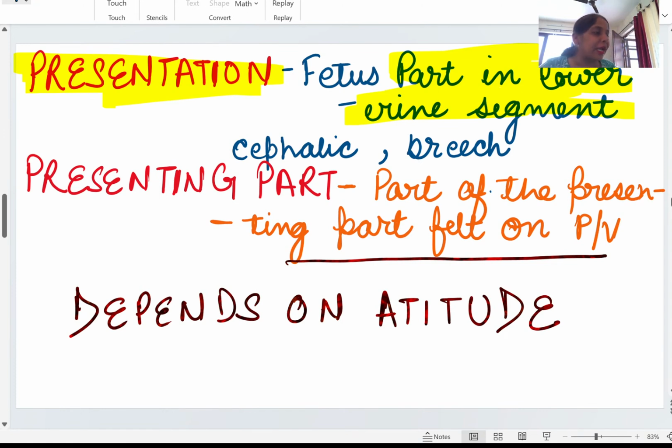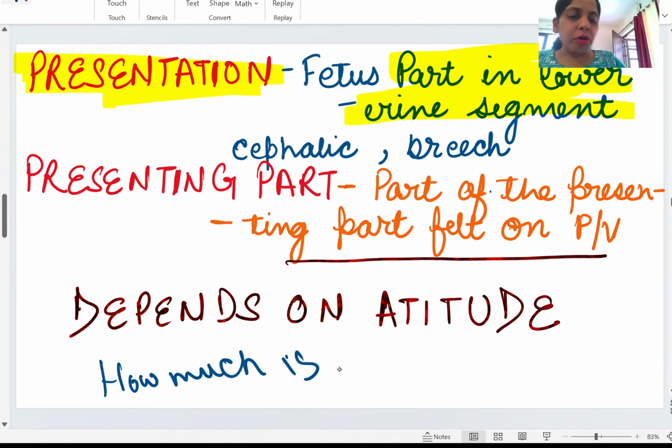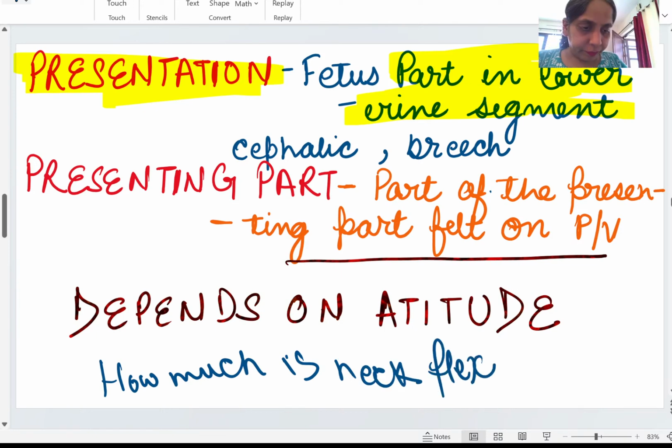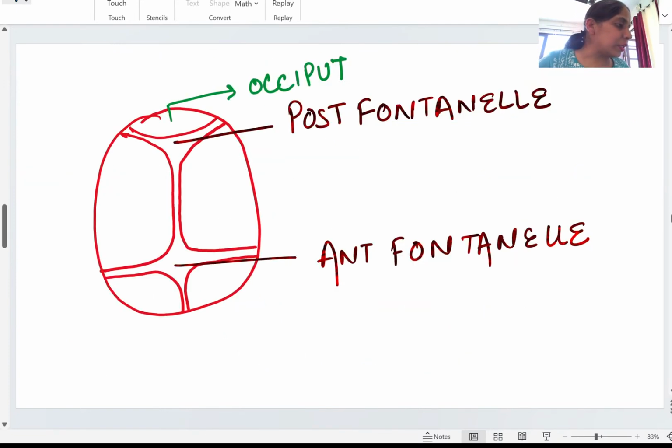The attitude decides the presenting part. How much is the neck flexed? Look in the camera. So it is also known as attitude.